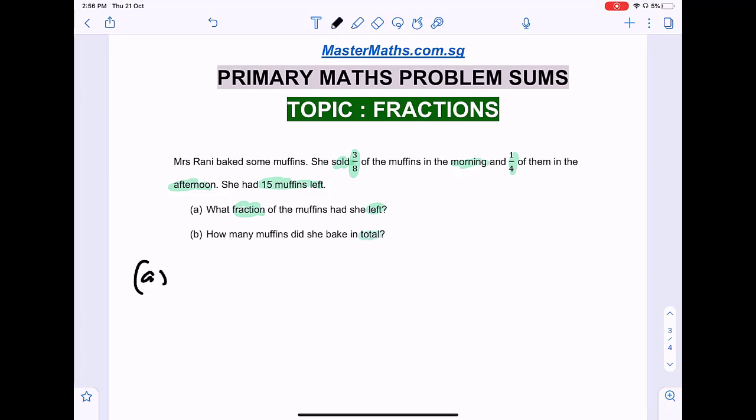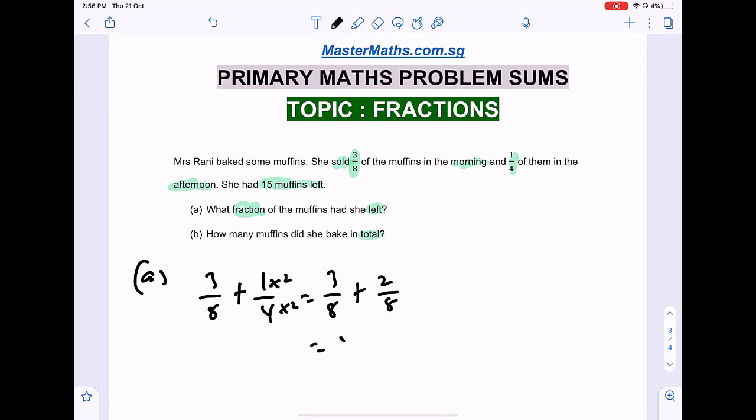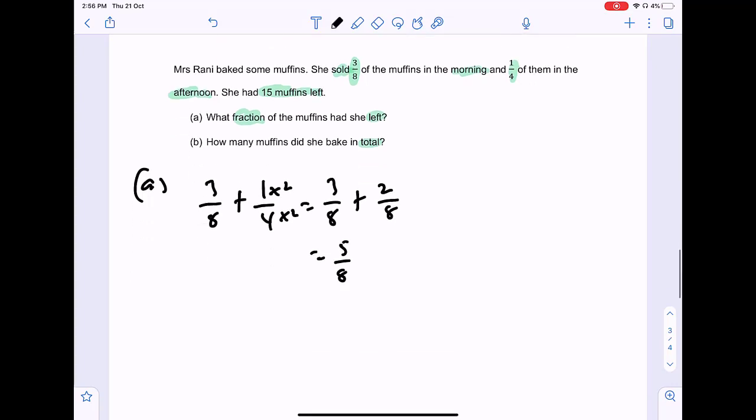Now for part A, morning add to afternoon, 3 over 8 plus 2 over 8, why 2 over 8? Times 2 times 2, that's why, 5 over 8. And what fraction is she left with? 1 whole, take away 5 over 8, and that will be 3 out of 8 that she is left with.